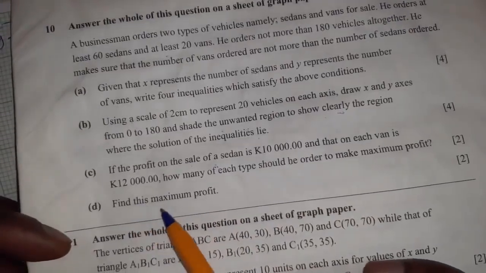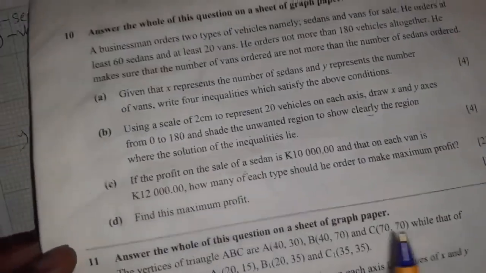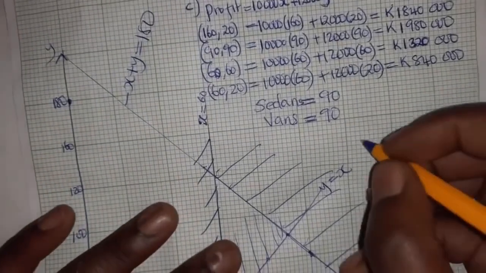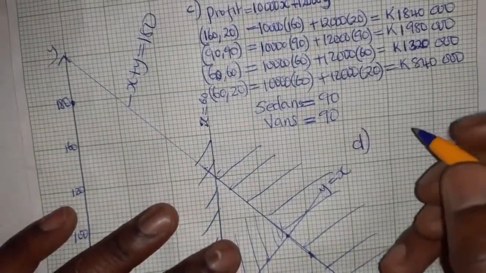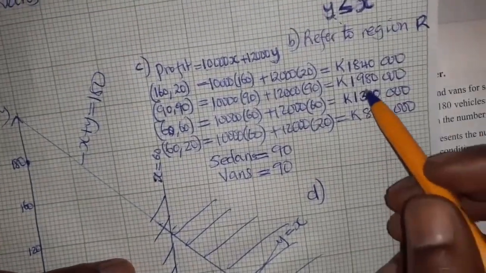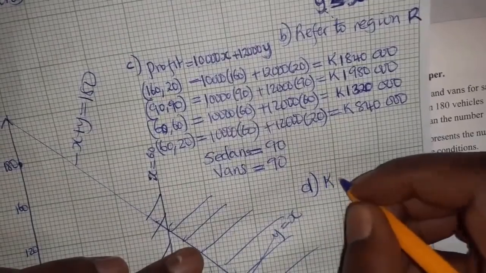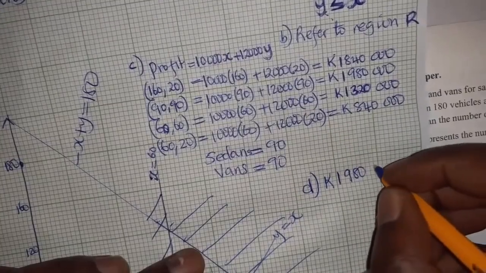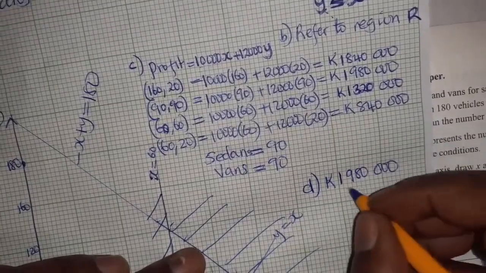Then find this maximum profit. So the maximum profit here, which is D, is this same amount that is highest here: 1,980,000 kwacha.